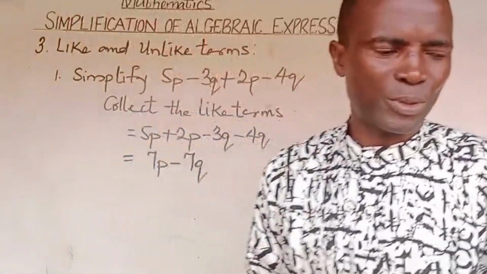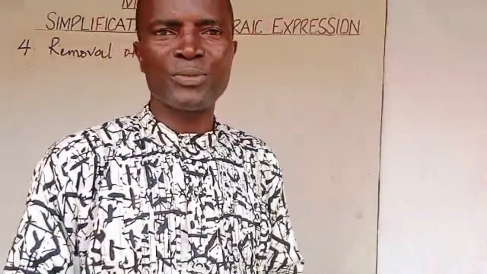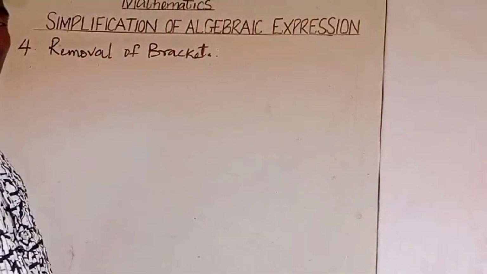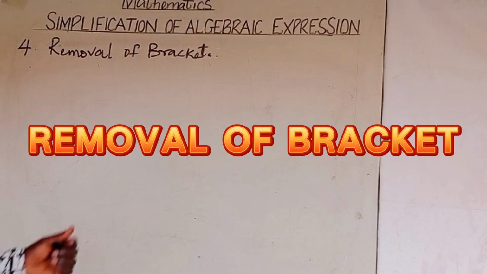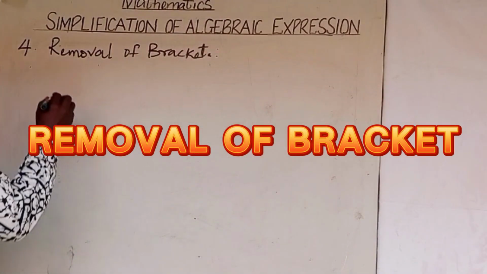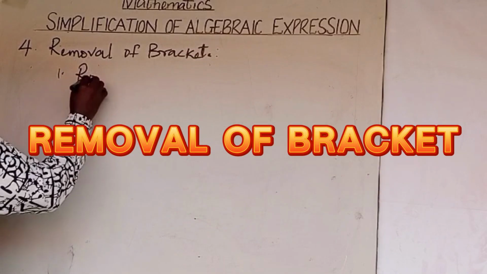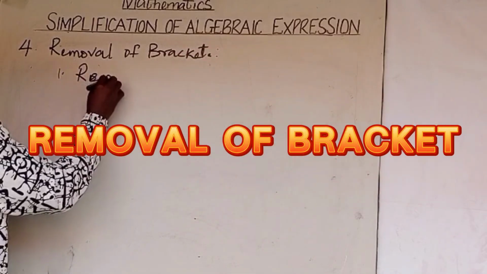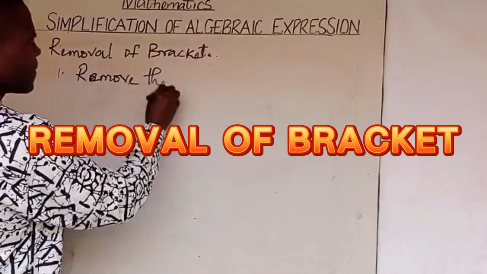That is very good. Another term that is commonly used in algebraic expression is removal of brackets. Let us take, for instance, in an exam, you might be asked, remove the brackets.